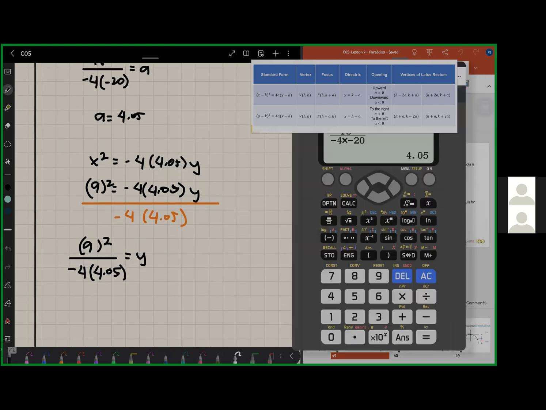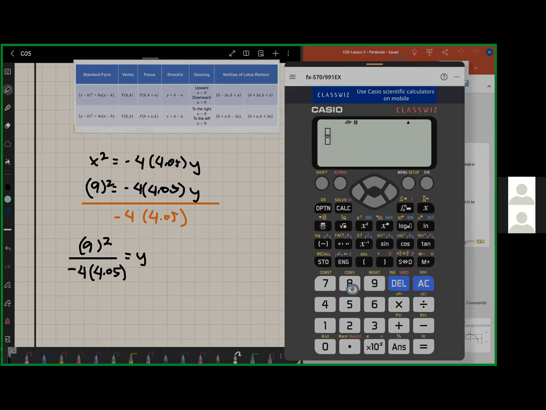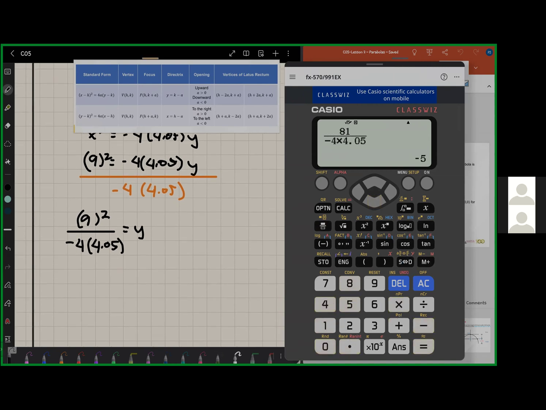So solving for y, we have 81 all over negative 4 times 4.05, giving us y is equal to negative 5.